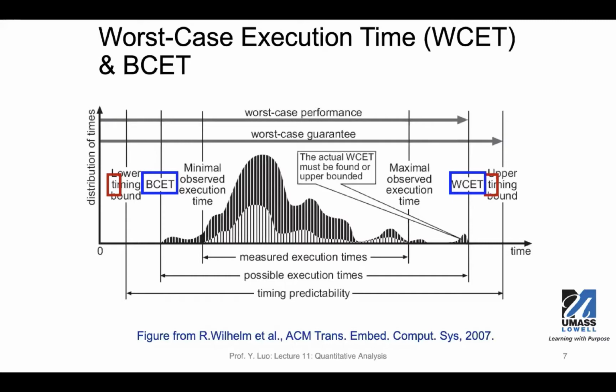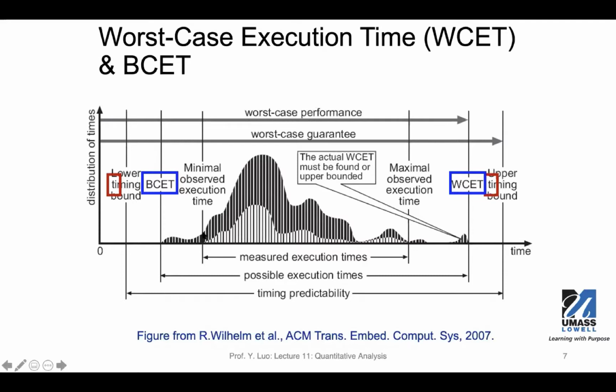What we see on the x-axis is the values of this execution time. Let's say it could be 1 second, 2 seconds, or up to 10 seconds, etc. These values are what we observed when this program completes this task.